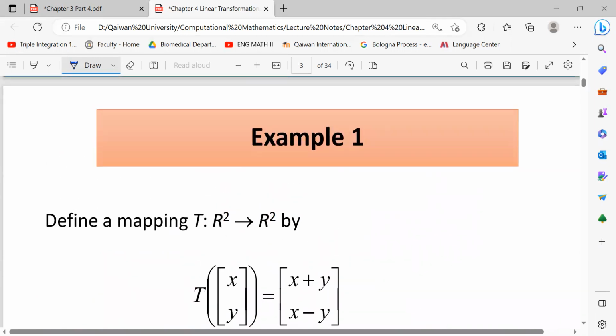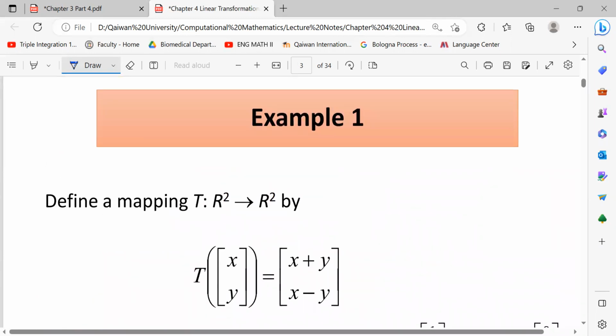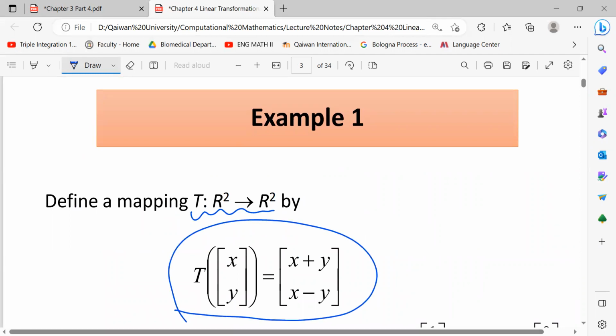In this example, it says, define a mapping T from R2 to R2. It's defined by this formula: T of (x, y) is equal to (x plus y, x minus y).